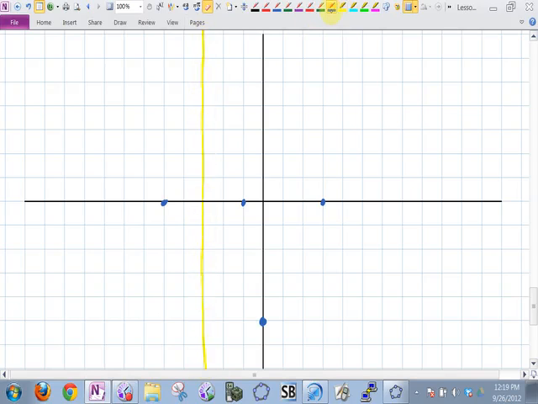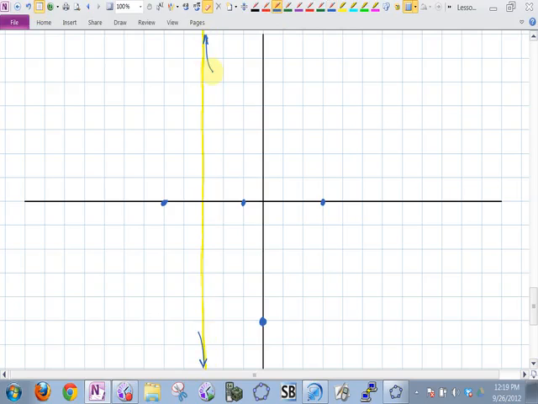And on the left, am I going up or down on the left side? Up? Down. Oh, is it down? So it's down on the left, up on the right?